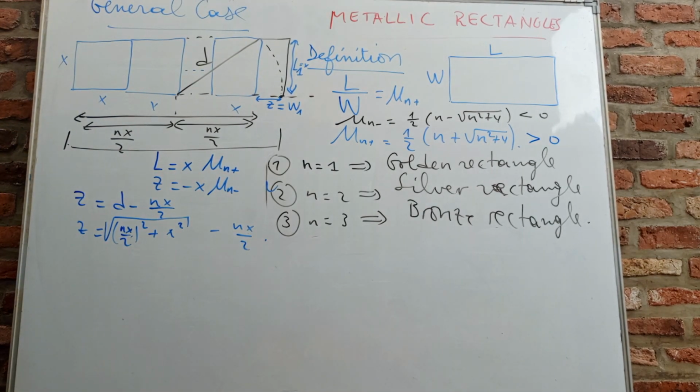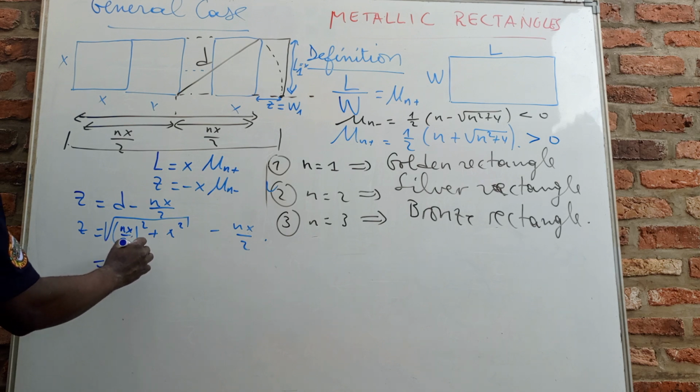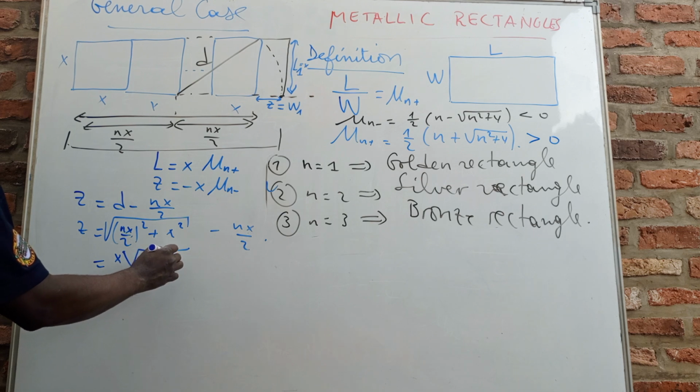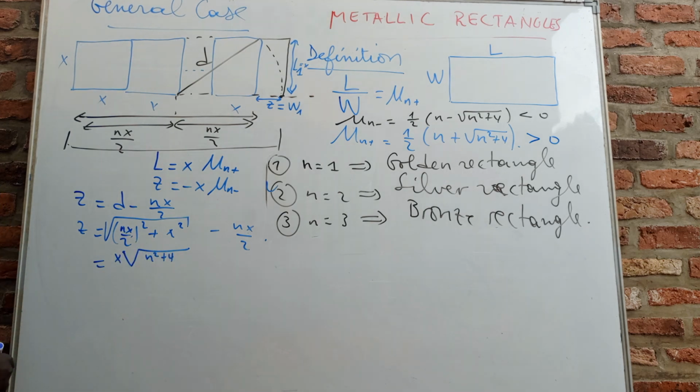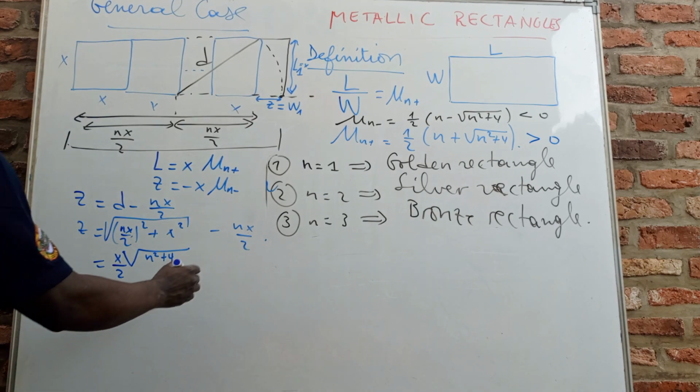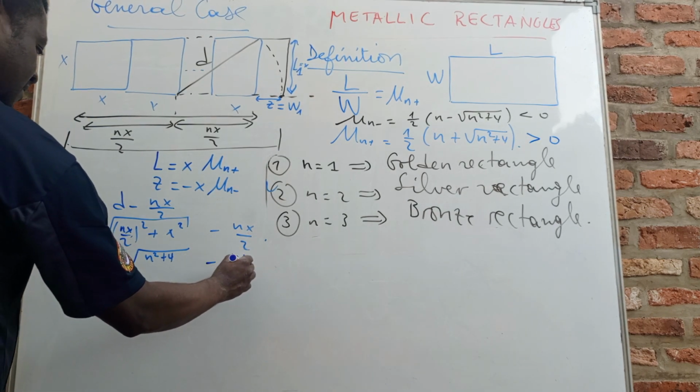So this is how we get z. Similarly, we can factor out x squared, and what is left is n squared plus 4 divided by 4 under the square root. Outside we divide by 2. So minus nx over 2.